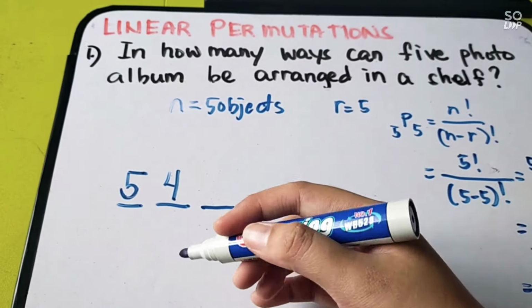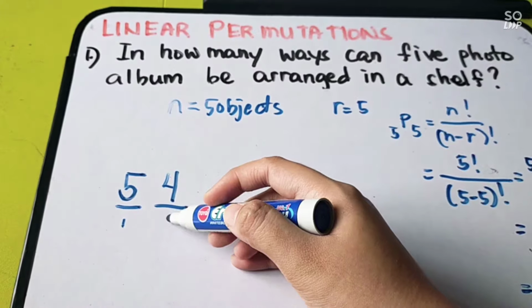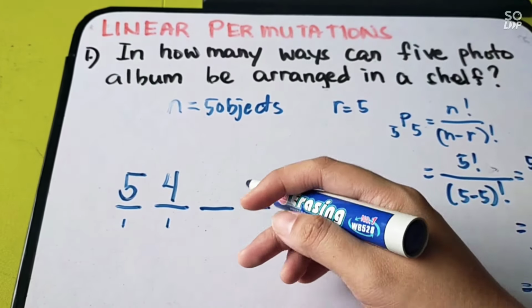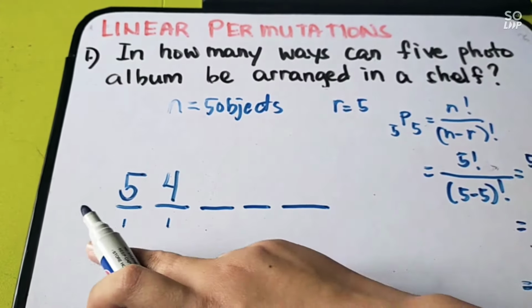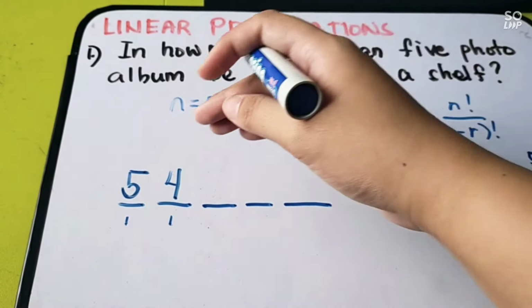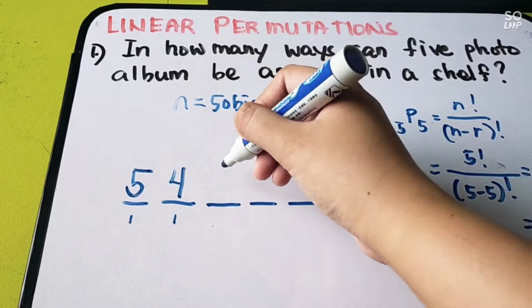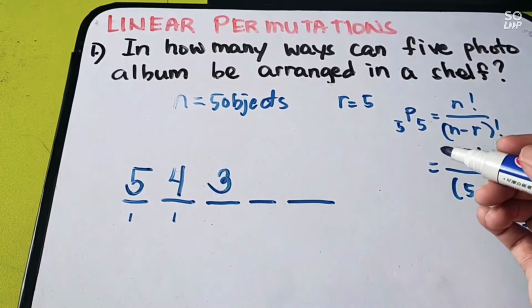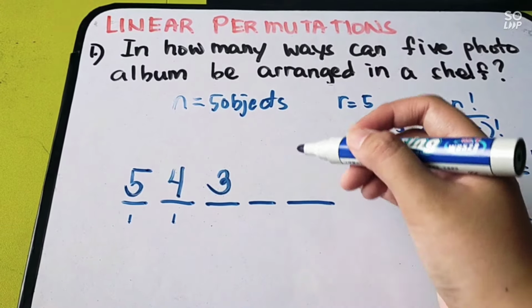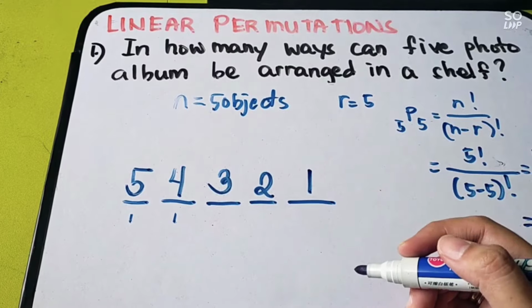Naintindihan? Then, nakapaglagay ka na dito ng isang book. Then, another book here. So, syempre, nabawasan na ulit. Nabawasan na ng 2 libro na pwede mong i-arrange. So, kapag nakapaglagay ka na dito, 3 na lang yung pagpapalit-palitin mo. So, right here, 3. Okay? Then, the next one, dalawa na lang. And then, for the last one, isa na lang yung pwede mong ilagay dyan.